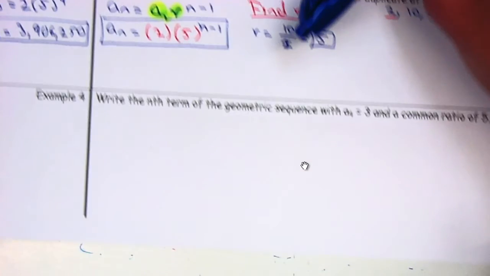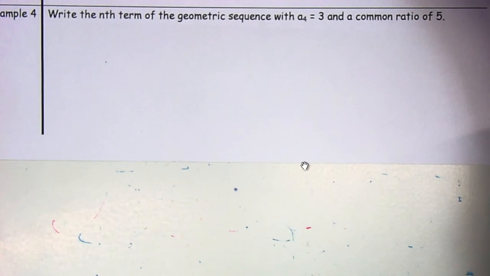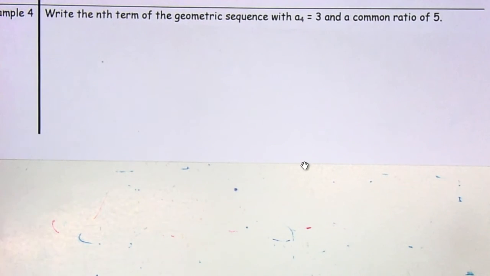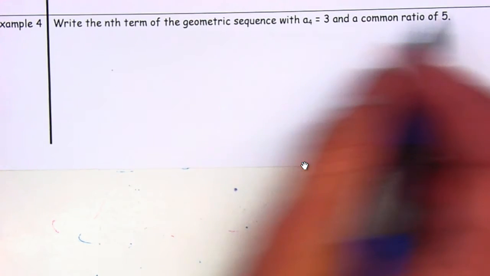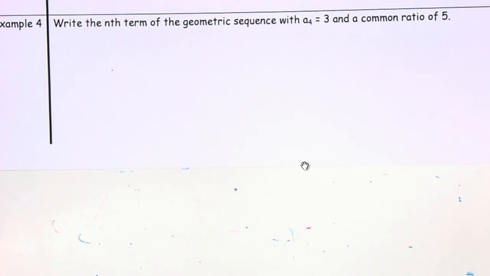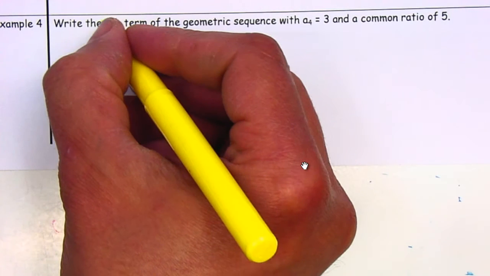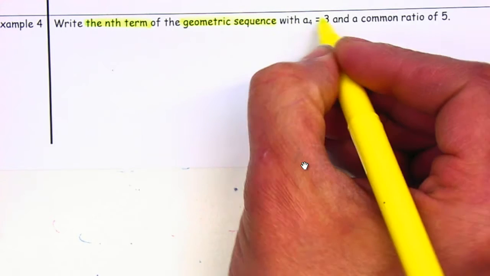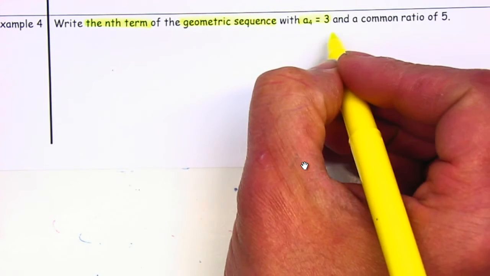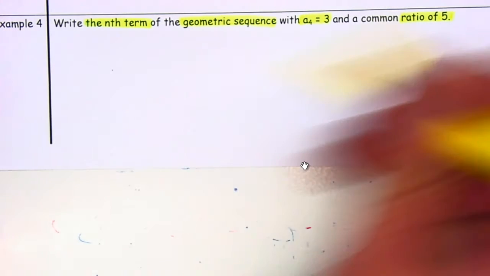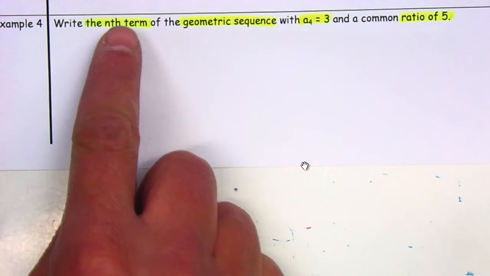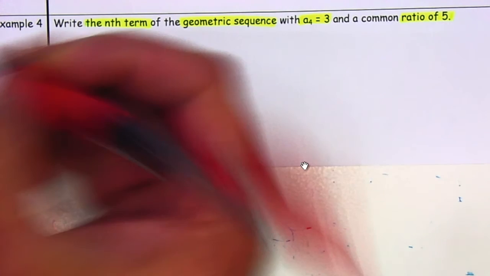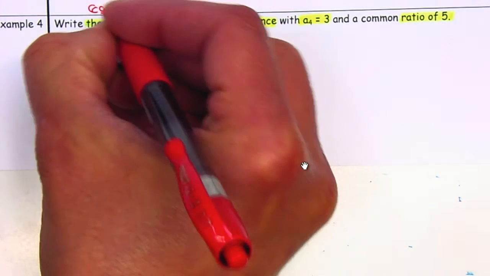Example number 4. It says, write the n term of the geometric sequence with a sub 4 equal to 3 and a common ratio of 5. When you are dealing with this type of problems, you want to be able to highlight the key information. So they're asking you for the n term of a geometric sequence. They tell you that a sub 4 is 3 and the ratio is 5. If they're asking you for the n term, they're asking you for the equation.